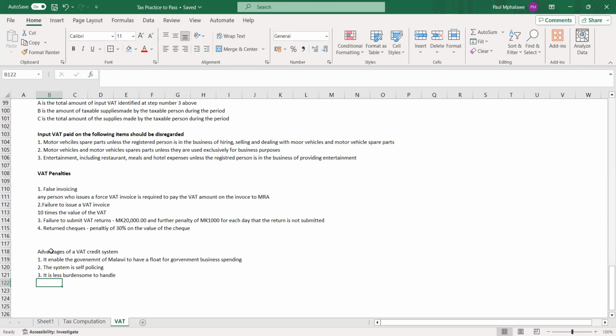So the tax point of manufacturing returns is at the retail stage. If you are a wholesaler and you manufacture, the point of tax is the retail point. You know, VAT is transferred.